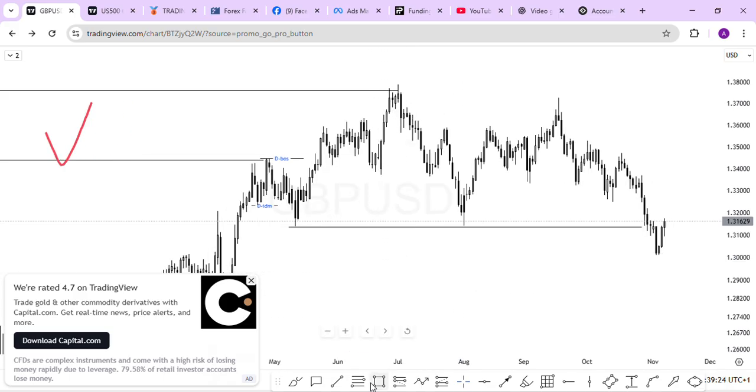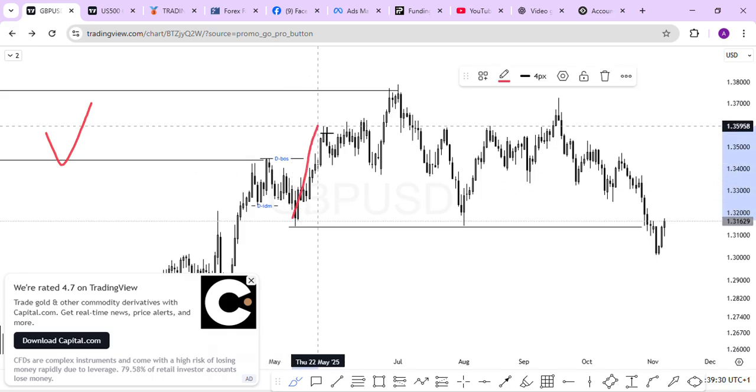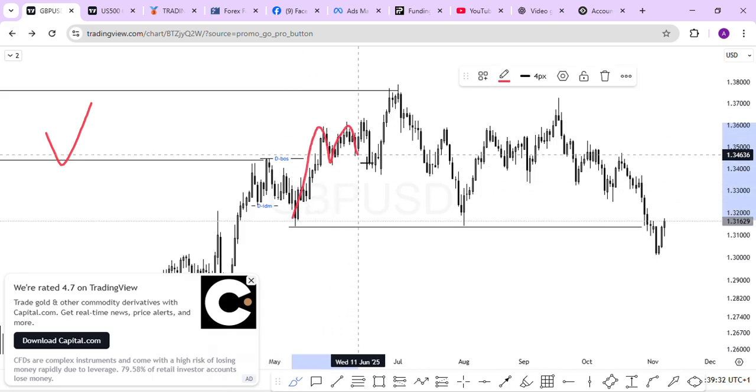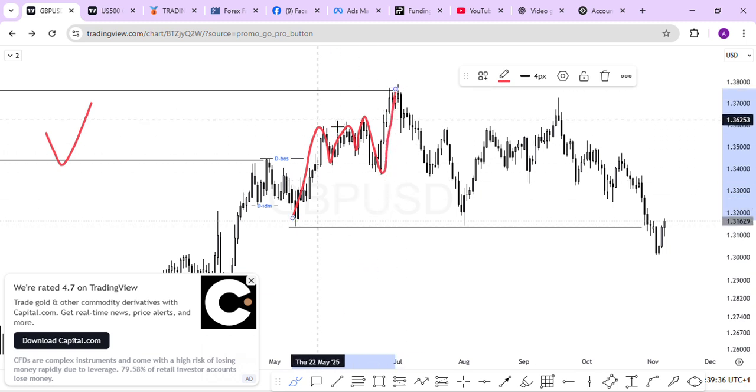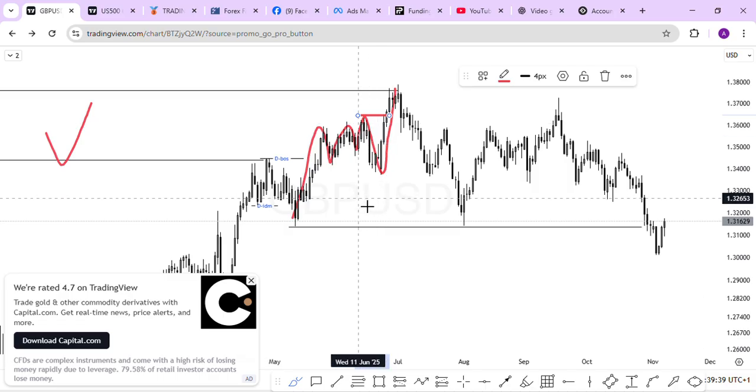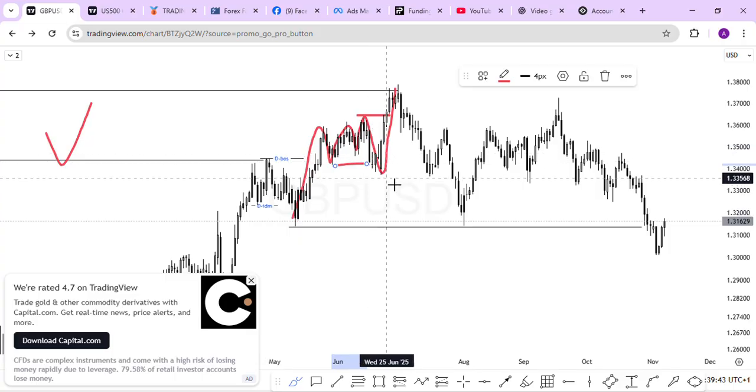So, as you can see, when the market broke this structure, it created another movement for us like this, then pushed up. A lot of people will be marking this level as break of structure. Why? Because the market took out this inducement. But because this movement does not create any inducement, it means that we use this low as an inducement.